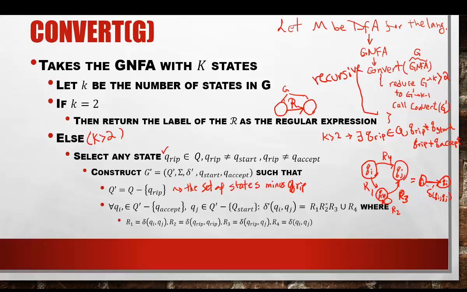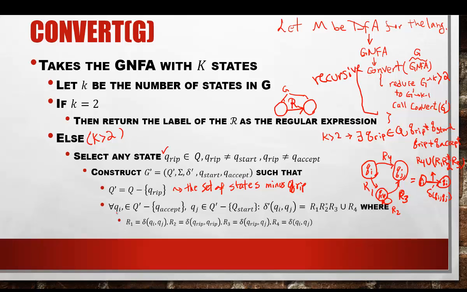From the conversion method that we did earlier, where I took QRIP apart and out, this label would be going directly from QI to QJ, which is R4, union with going from QI to QJ through QRIP, which would be R1, R2 star, and R3. And we already saw that in the previous video.